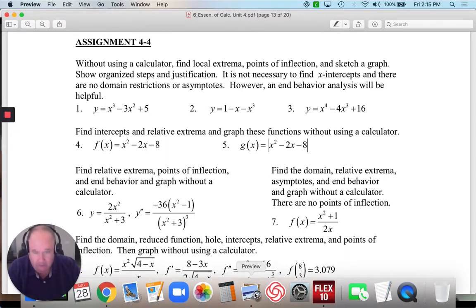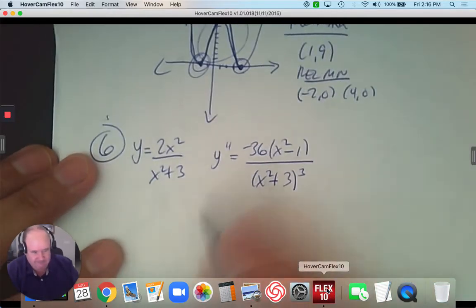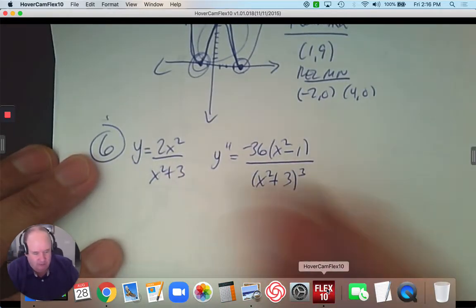But for a rational function, just writing down the second derivative, all right. I think it looks worse than it is. Well, maybe it is bad. So we have a rational function. We want to find the extreme points.